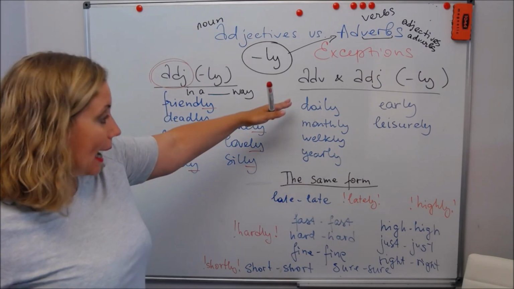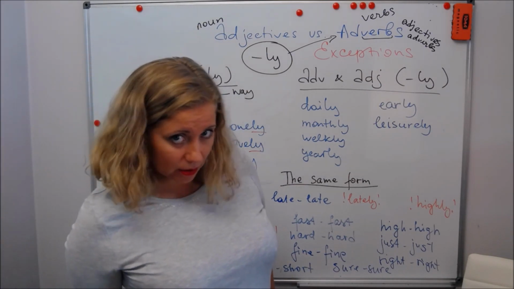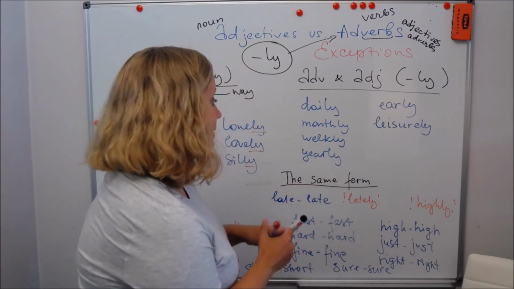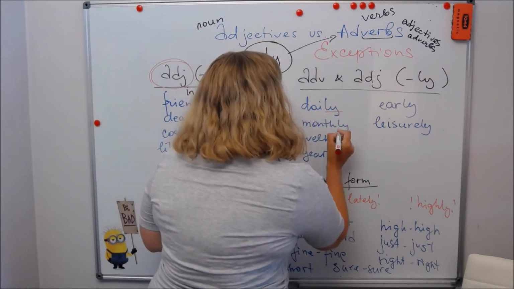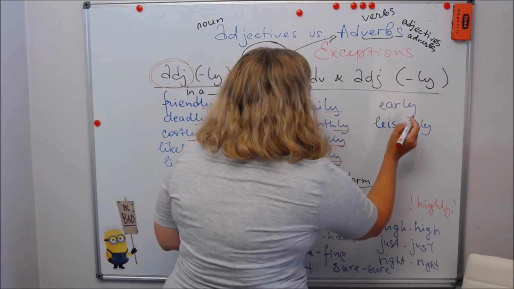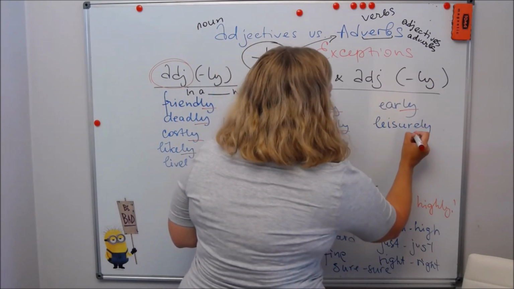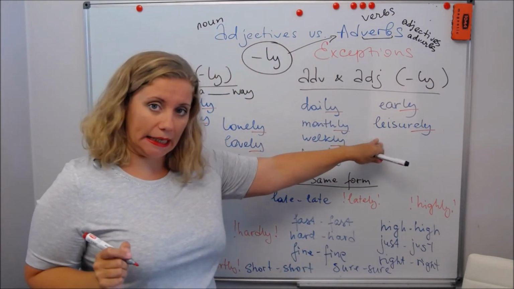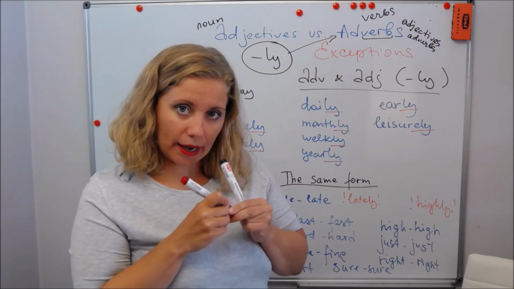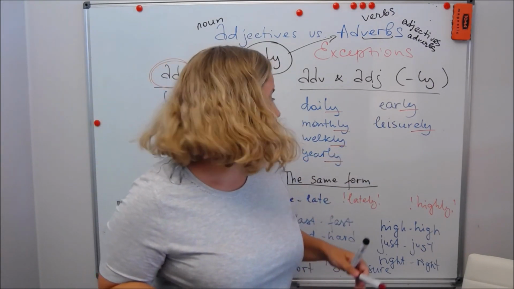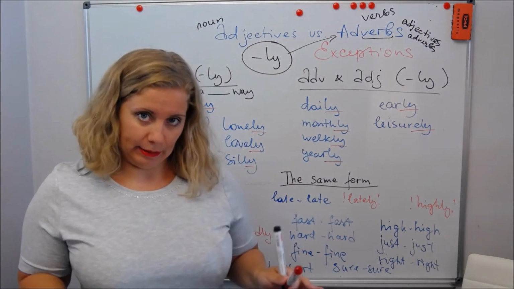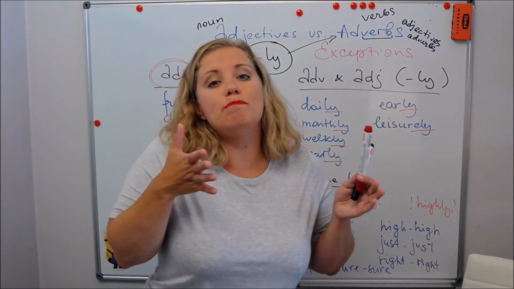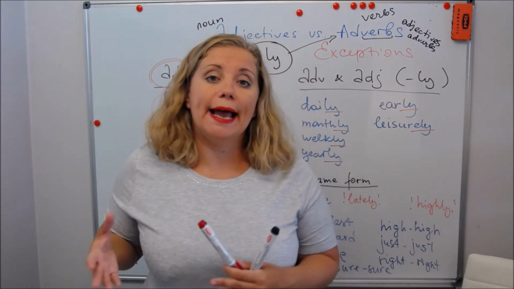But similarly looking words like daily, monthly, weekly, yearly, early, leisurely. Okay, some people say leisurely in American accent, but it's leisurely in British English. These words have -ly, but they can be both adjectives and adverbs.